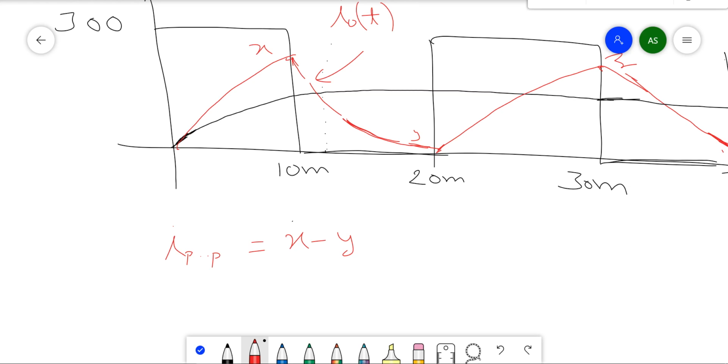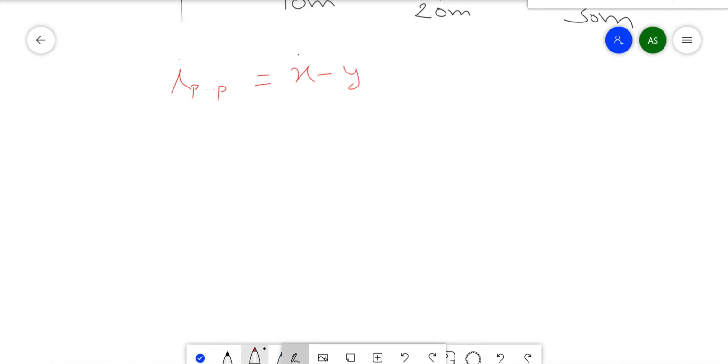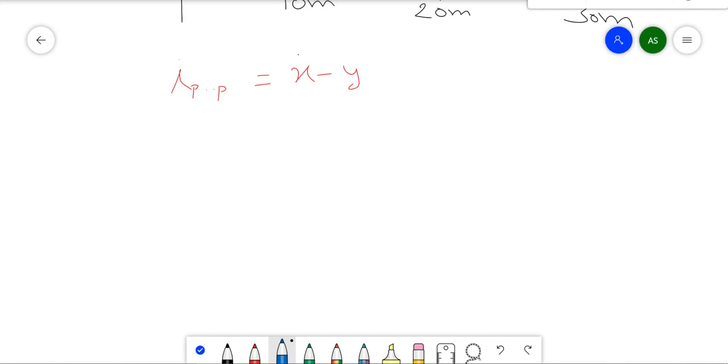If that steady state was taking longer, then you cannot apply the same process, because there might be a situation, suppose a particular waveform, so it's like this.